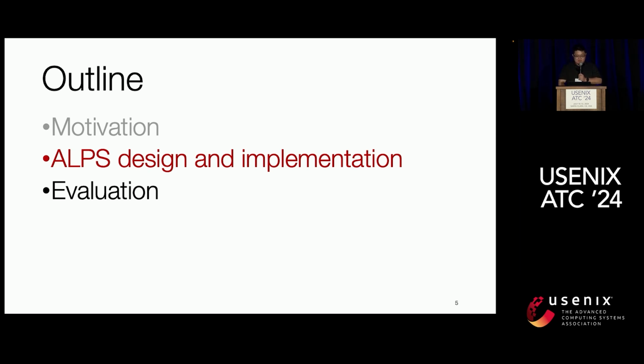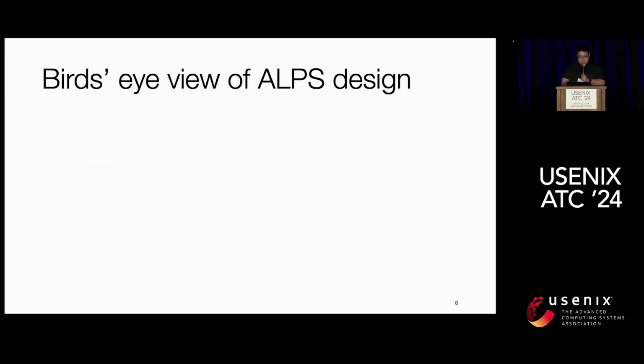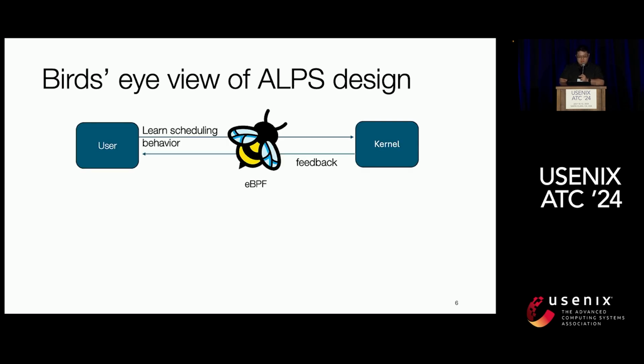Then let me introduce our ALPS design and its implementation. So first, let's look at the bird's-eye view of the ALPS design. In ALPS, we have two components, one in the user space and the other in the kernel. In the user space, we learn the scheduling behaviors from the FaaS workloads, and we abstract this behavior as a scheduling policy.